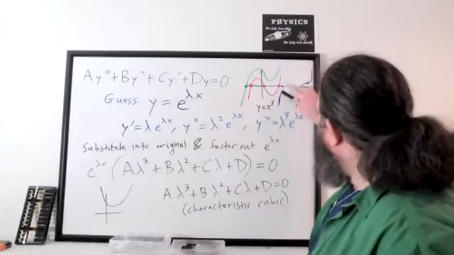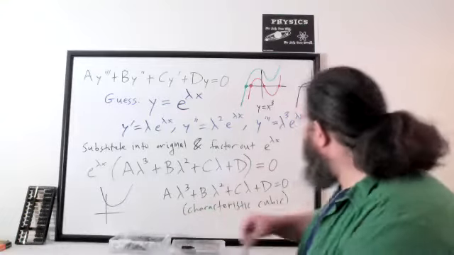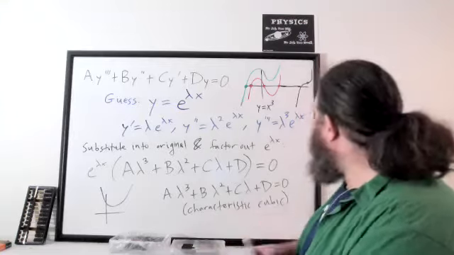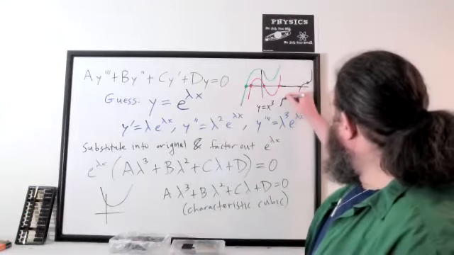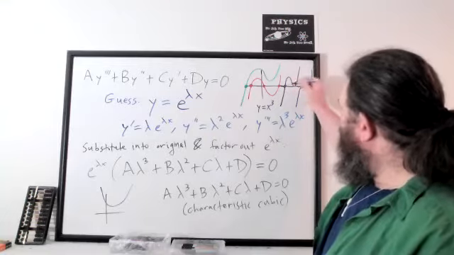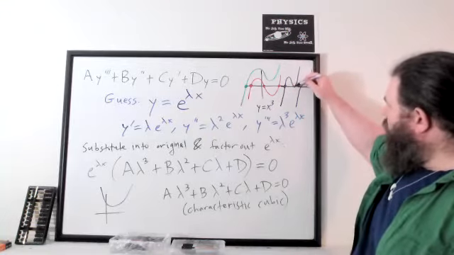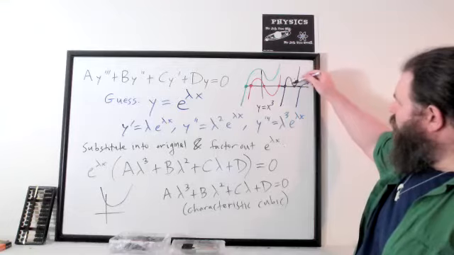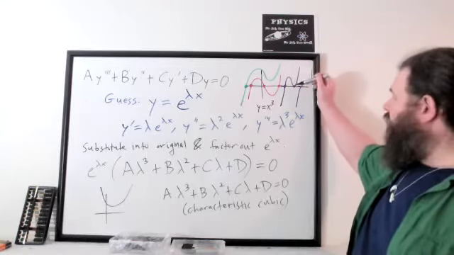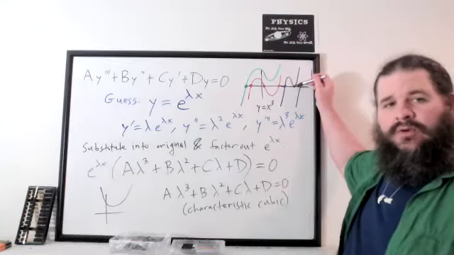Oh, also one other possibility we might need to consider. It's also possible to have something like this, where we've got an intercept here and an intercept here. And typically, if it looks like a quadratic at that point, if it looks like a parabola, that suggests that is a root of multiplicity 2.